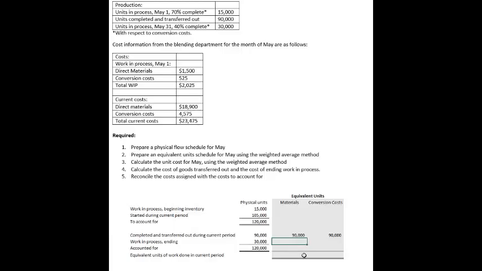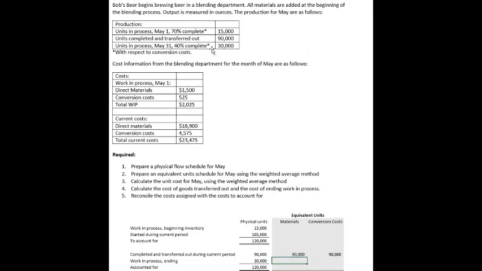But for the ending work in process, what we have is 30,000, and materials might be added at various stages of the production process. In this case, we're told that all materials are added at the beginning of the blending process, which is logical and what normally happens.